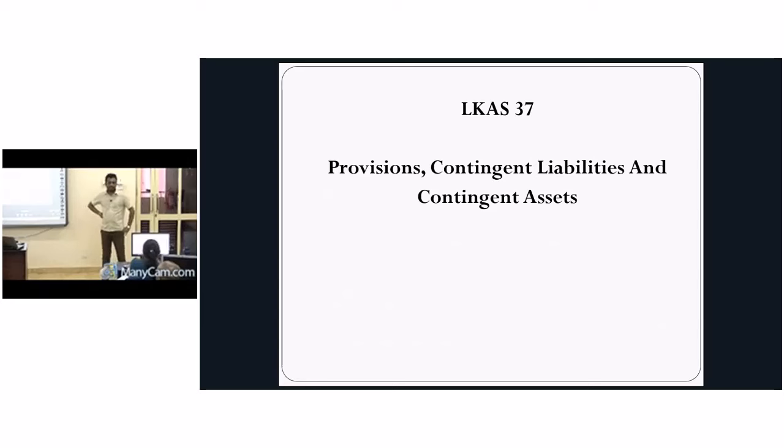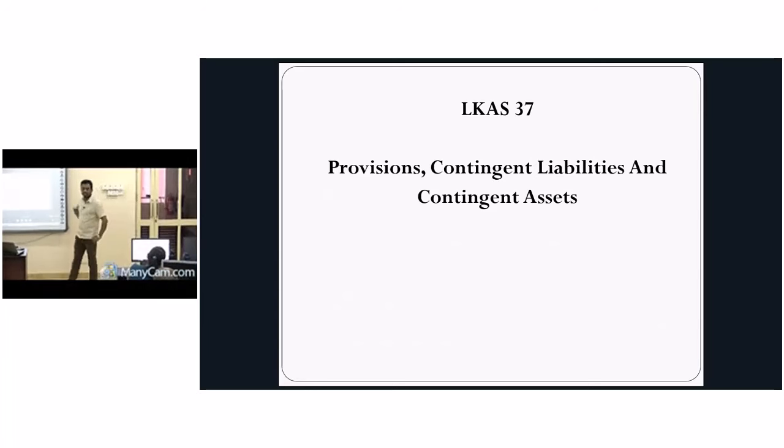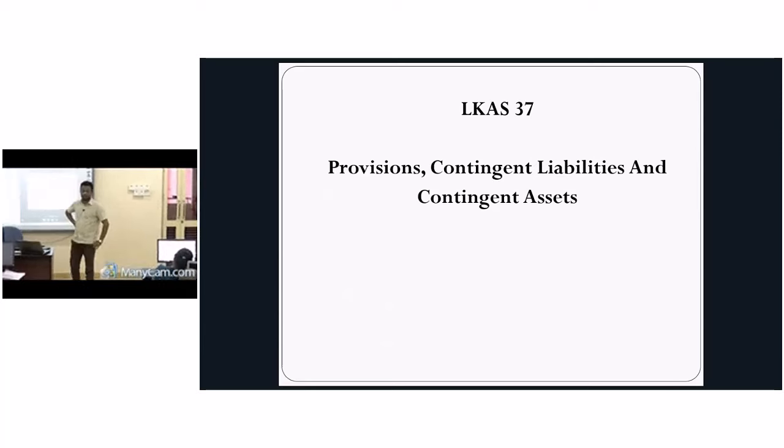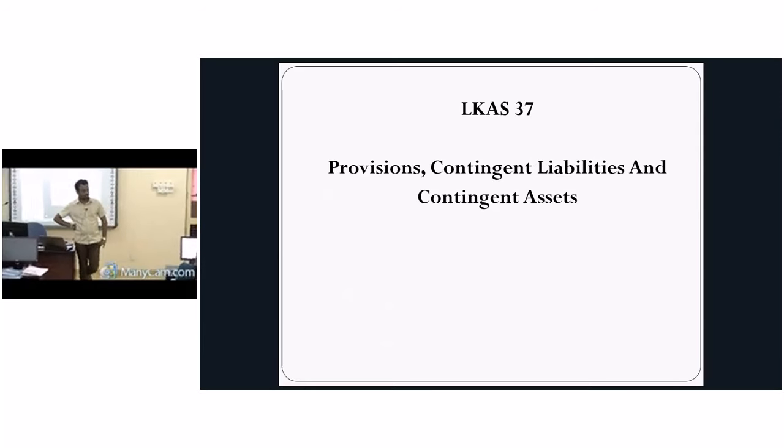Very simple. Again, another 3 things. Now look, in LKS 2, we made 2 terms, adjusting and non-adjusting. In LKS 18, revenue, we made 5 items. What are those 5 items? Sale of goods.